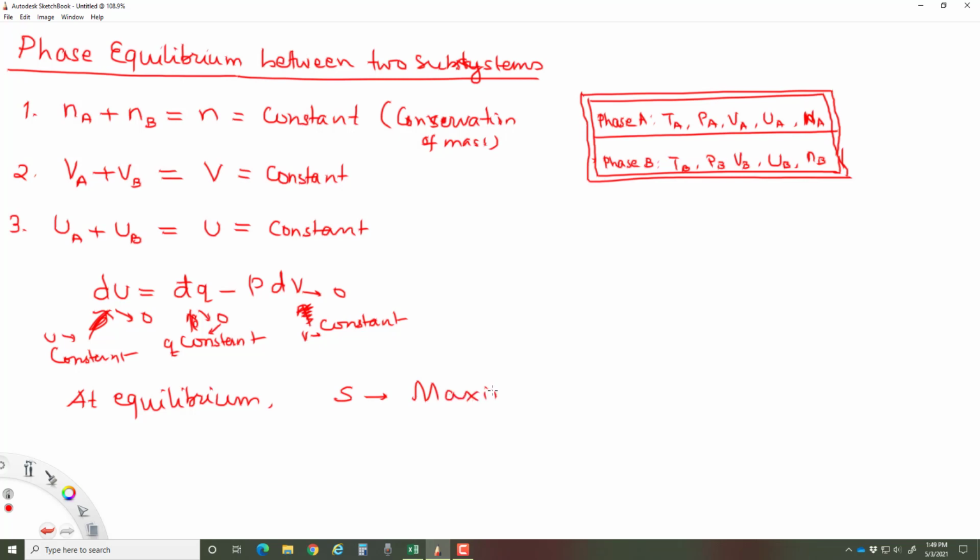So that means since S is an extensive variable, SA plus SB, the entropy is the sum of the individual entropies, would be maximum.